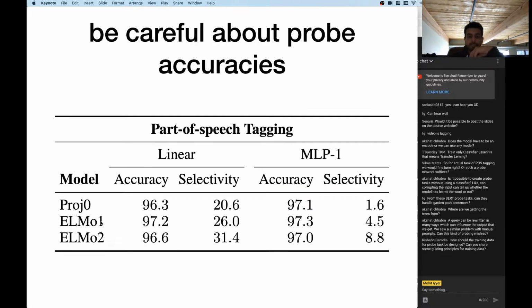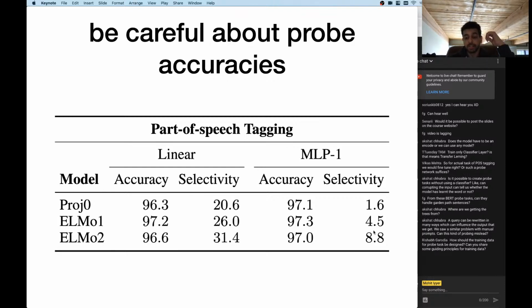Okay, so this is basically showing that different probe networks can give you comparable accuracies, but have very different selectivity. Here is a multi-layer perceptron with 1 hidden unit, giving you 97% accuracy on part of speech tagging, but very low selectivity.